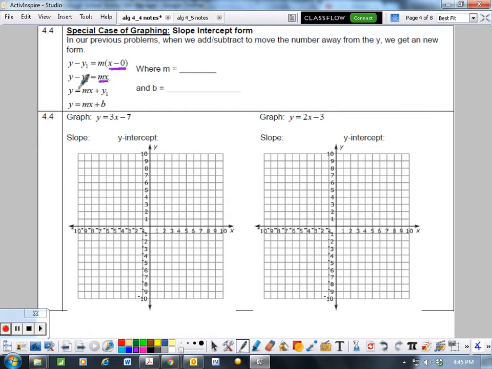Then I can move over this y. And then all of a sudden I've got this form, which most of you probably recognize from previous math experience, y equals mx plus b. So those two cases are a special form of y equals mx plus b, where m is the slope, like always, and b is our y-intercept.